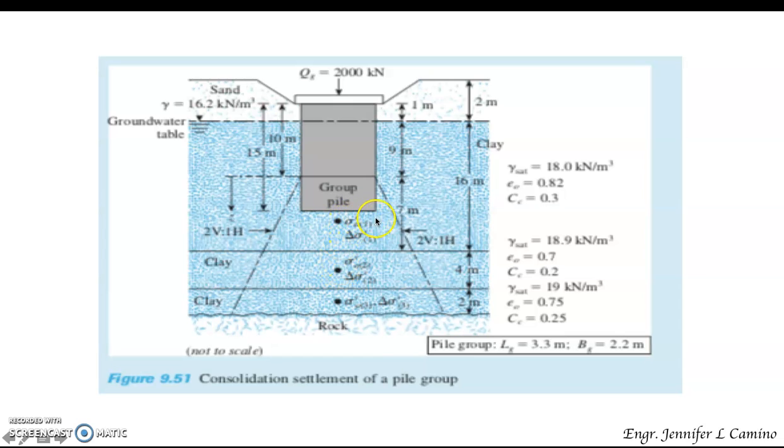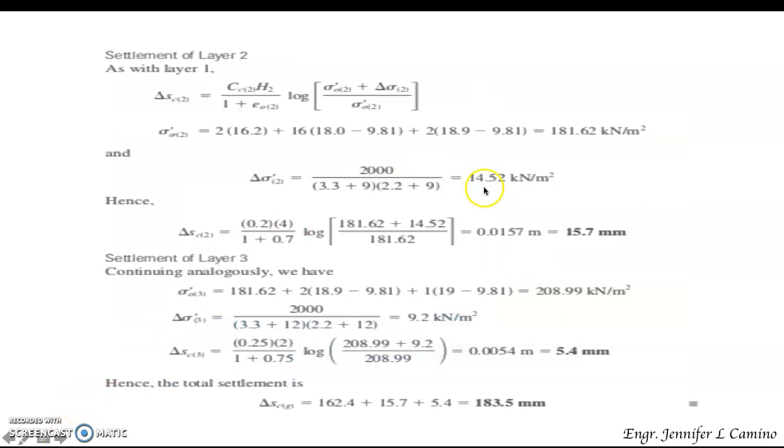That is half of this, which is 2, plus this one, 7, so that is 9, because our Z starts from this point going down. So we have here 14.52 kilonewton per meter squared. And if you substitute this value, we get now for layer 2 the settlement of 15.7 mm.